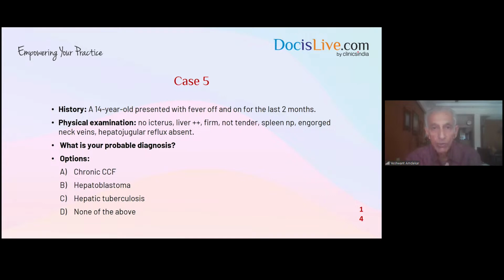But because it's an obstruction, hepatojugular reflux is absent, whereas in a CCF, there is no venous obstruction, so hepatojugular reflux is present. Again, small differences, but how we could analyze and get a correct diagnosis of a tuberculosis, but not the liver, but a constrictive pericarditis.